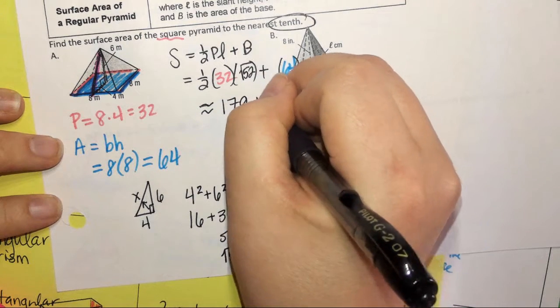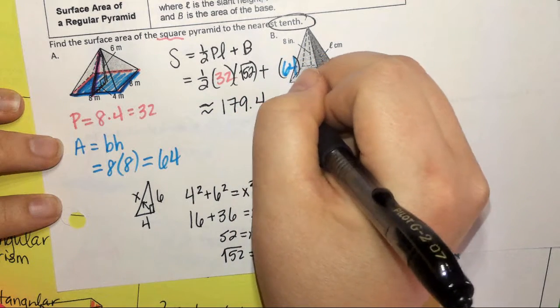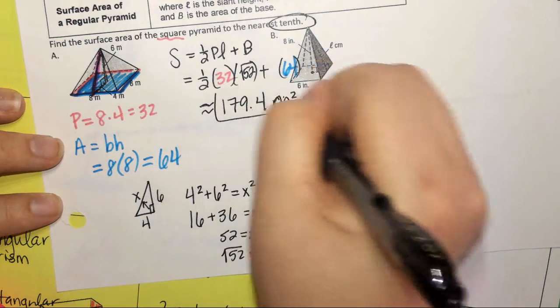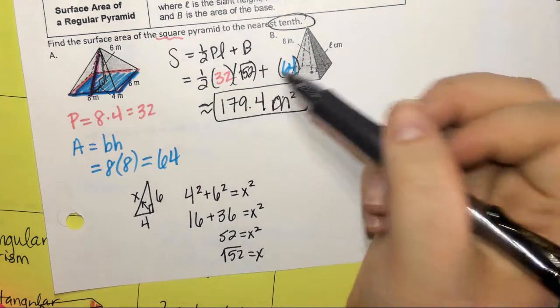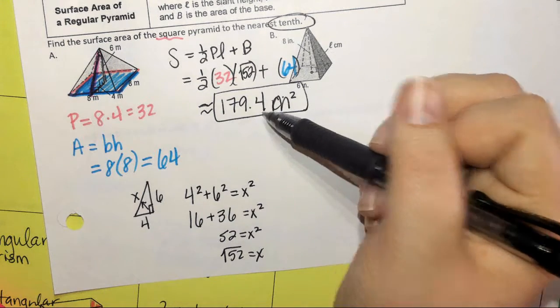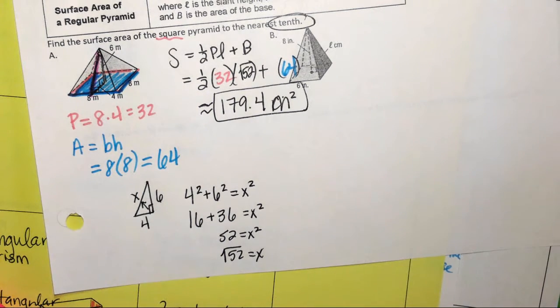I thought it was 0.4. Oh, did you plug in the 52 or the 7.2? Okay, I got 179.4, but if you got 179.2, I'm going to give you your points. You think I'm a mean grader, and I'm actually the nicest grader that ever was, as long as you showed me what you were thinking.